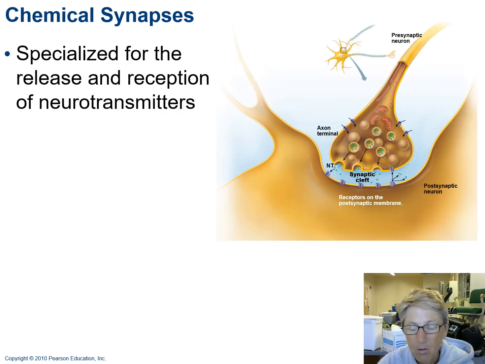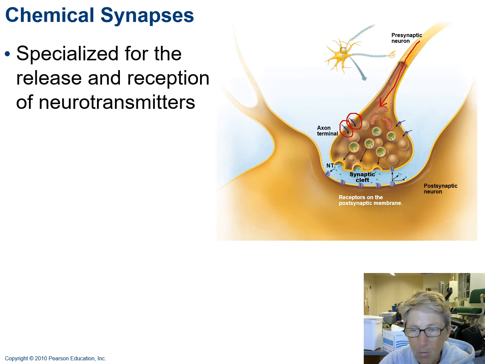So this is a cartoon. Like I said, we saw something like this in chapter 9, only now we've got two neurons instead of a motor neuron and a muscle cell. So this is the presynaptic neuron. Here's the action potential in pink coming down the axon of the presynaptic neuron. These are voltage-gated calcium channels, these purple things here.